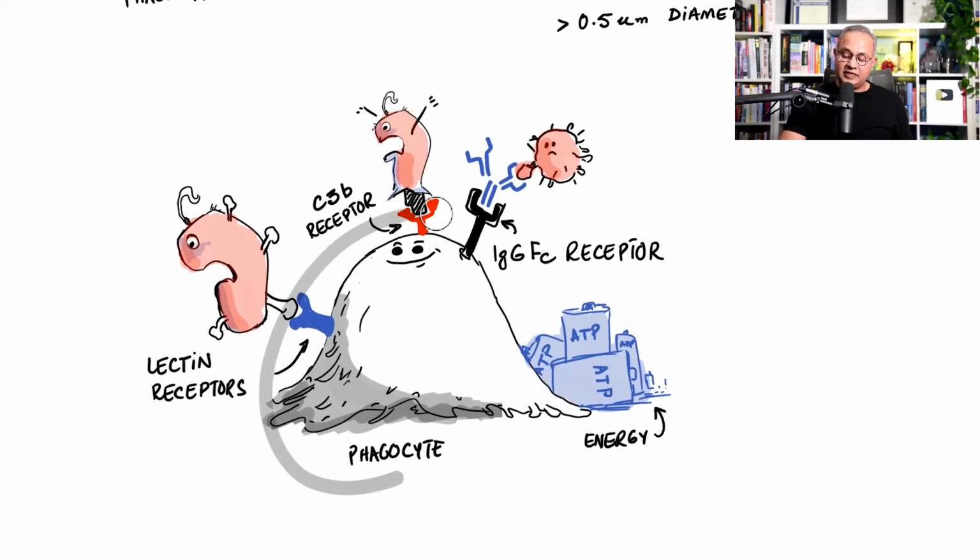Then here, let's say this is a sentinel cell. How does it capture the pathogens? It has many kinds of receptors on it to capture the pathogen. For example, a pathogen here, let's say this one, is coated by antibodies. We call this opsonization.